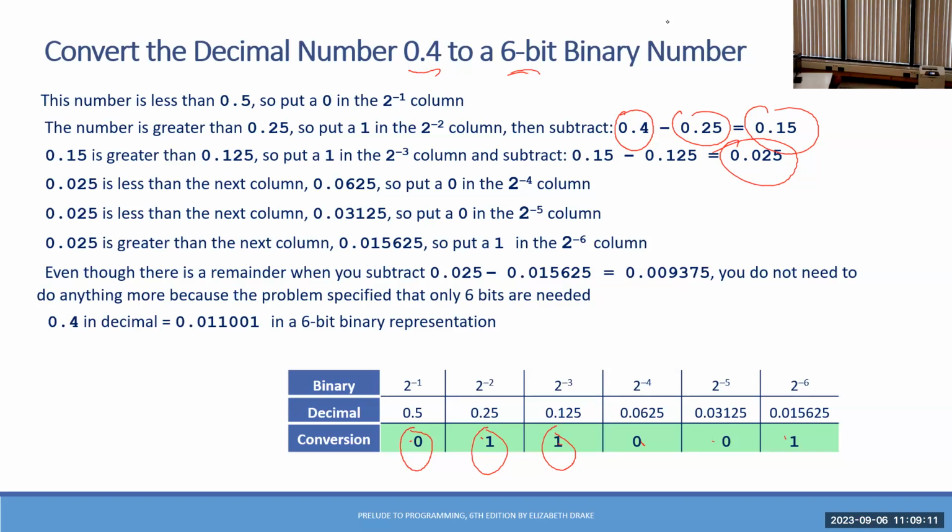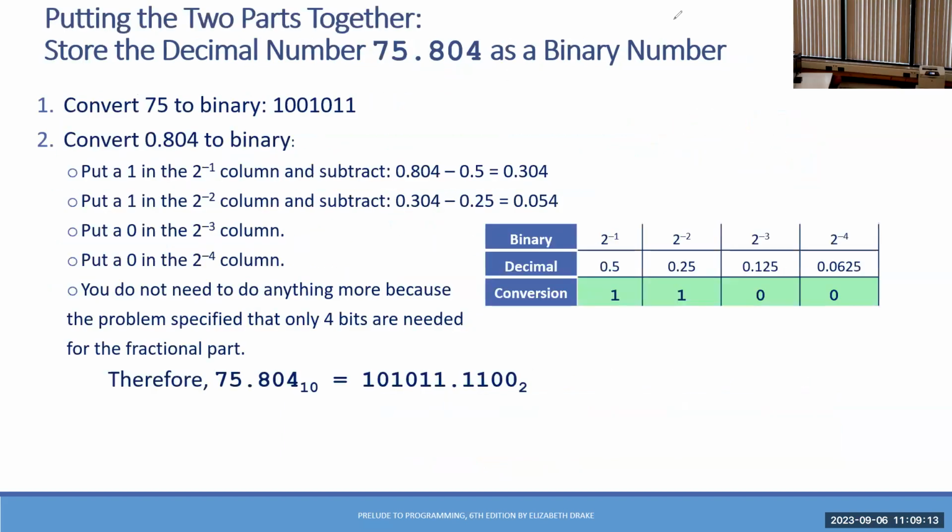You convert the fractional part here. And lastly, when you want to convert them together, if you want to store the decimal number here, 75.804 in binary, right? You have 2 portions. For the integer you just do it normally, and for the fractional part, you can convert it and put it here.